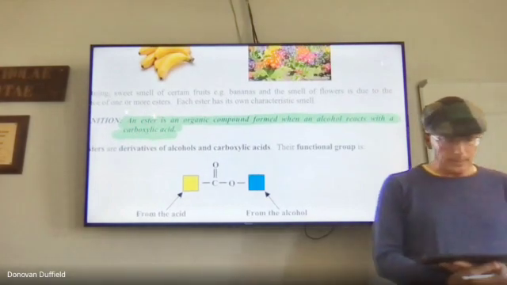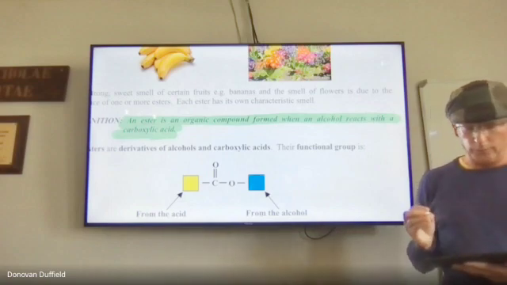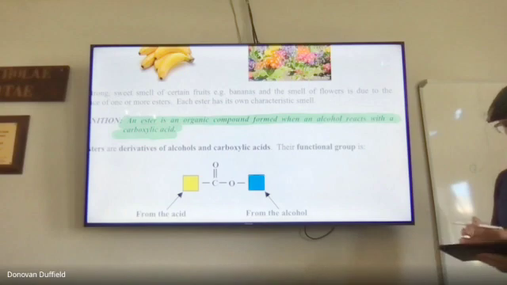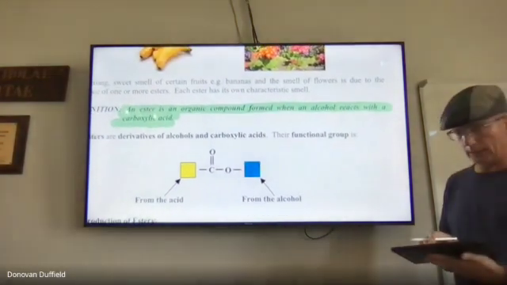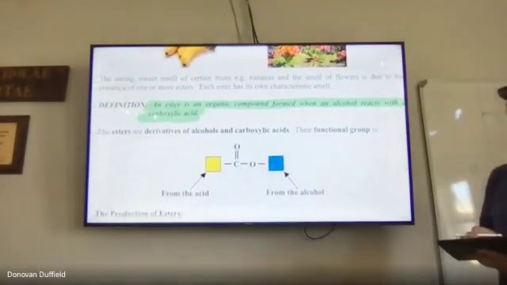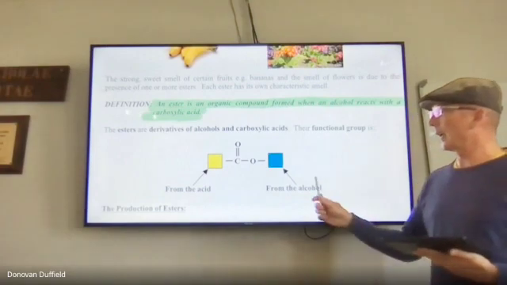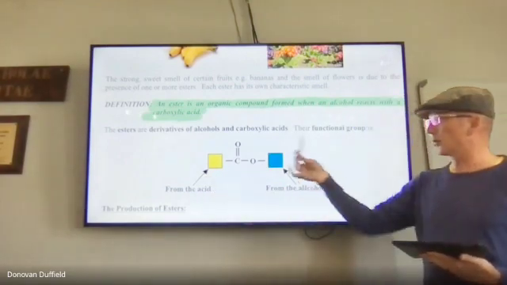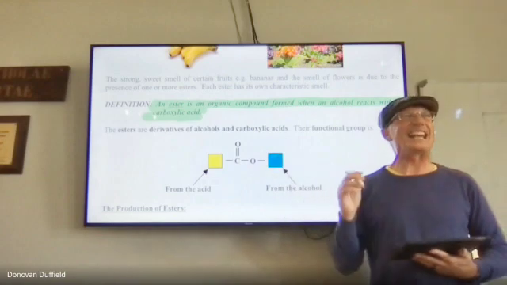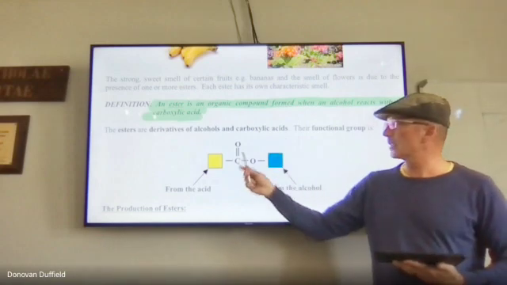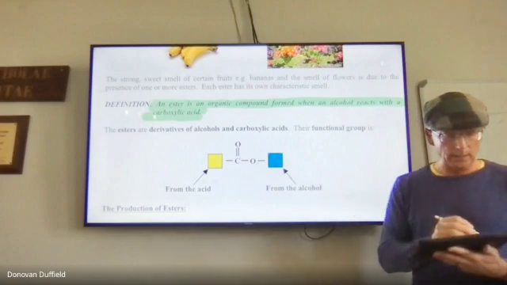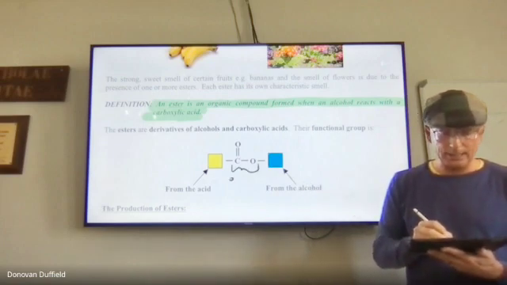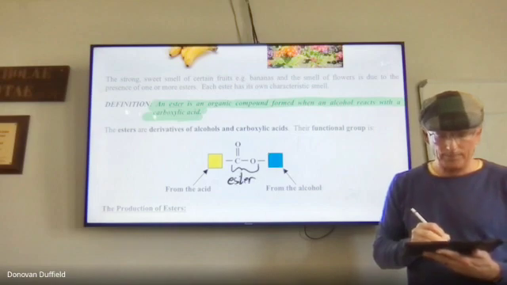What it lands up being is a compound that has part of the acid and part of the alcohol linked by means of the C double bond O. And this we call the ester link.